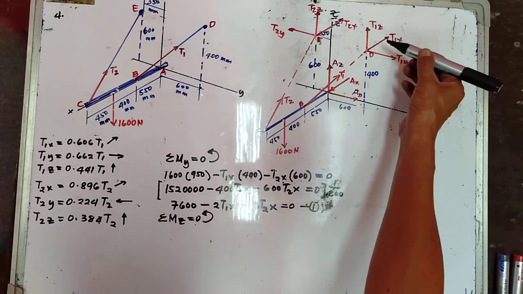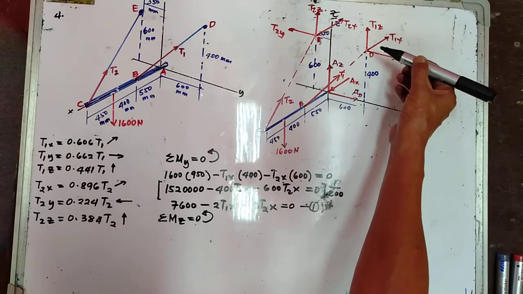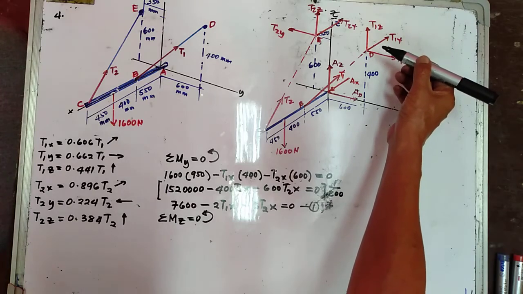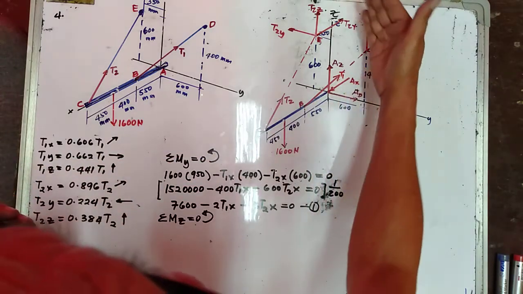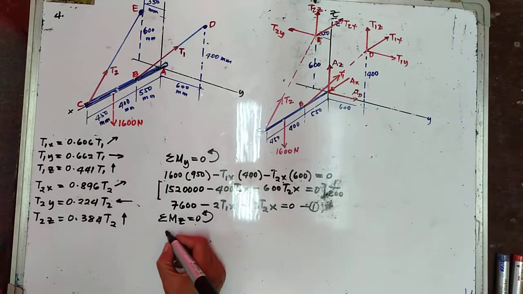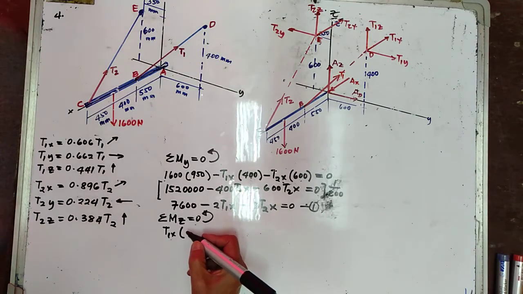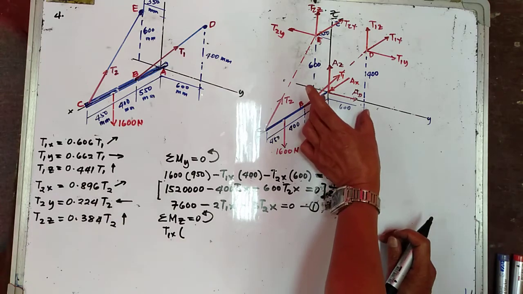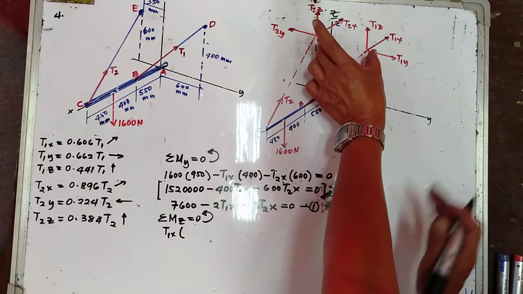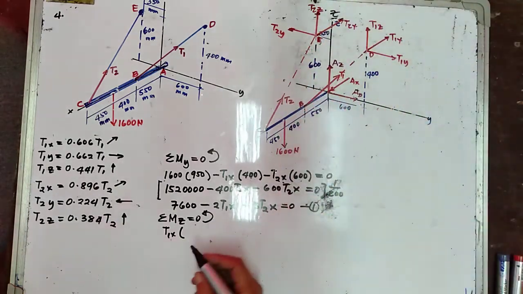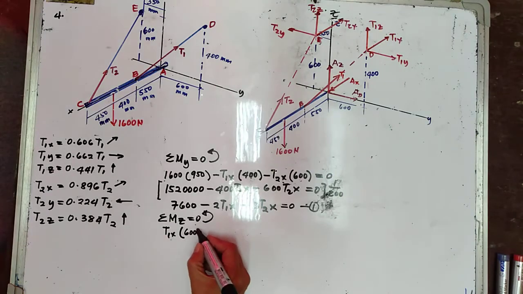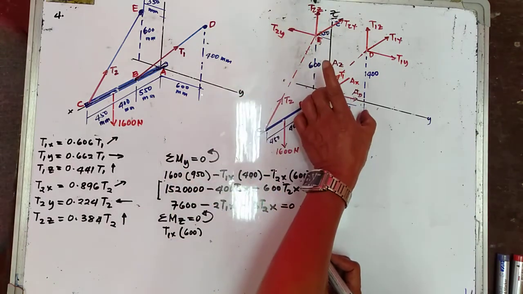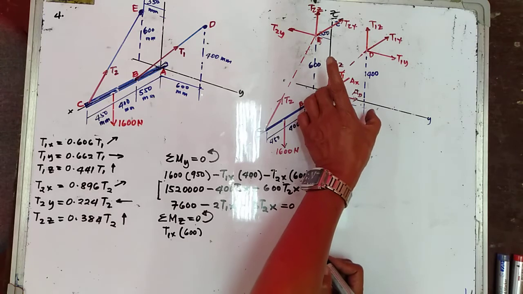Your T1X is going counterclockwise about the z-axis. Now, the moment arm of T1X is equal to 600. This one is the moment arm, this 600 in here.